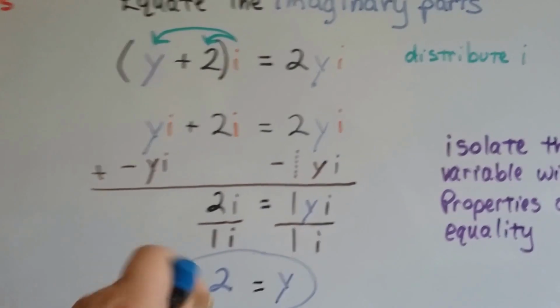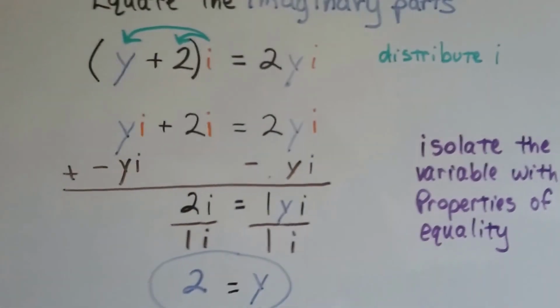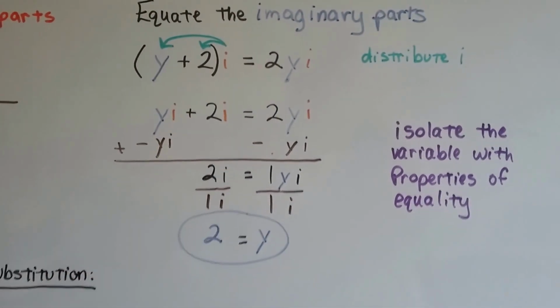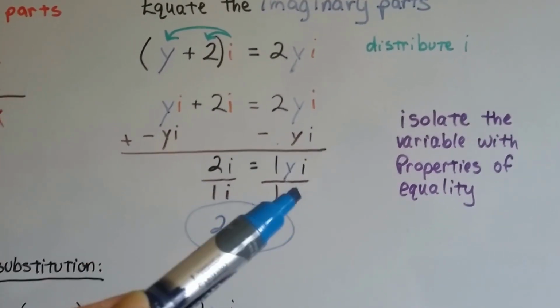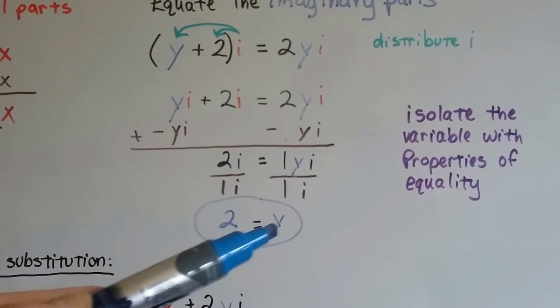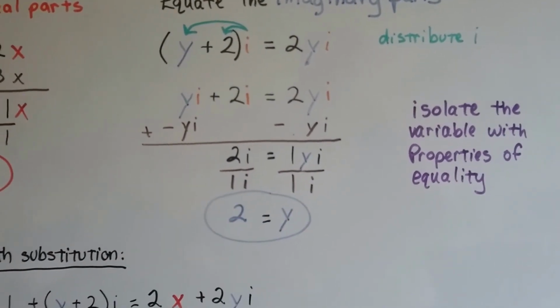See? It's just not usually written. That would give us a 1yi, and we can divide both sides of the equation by 1i, and that tells us 2 equals y. See?